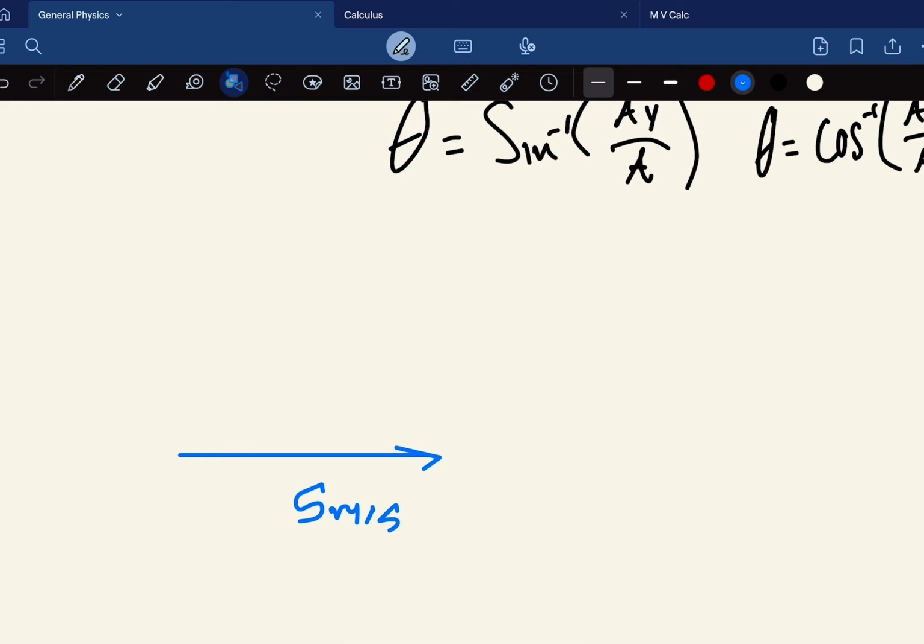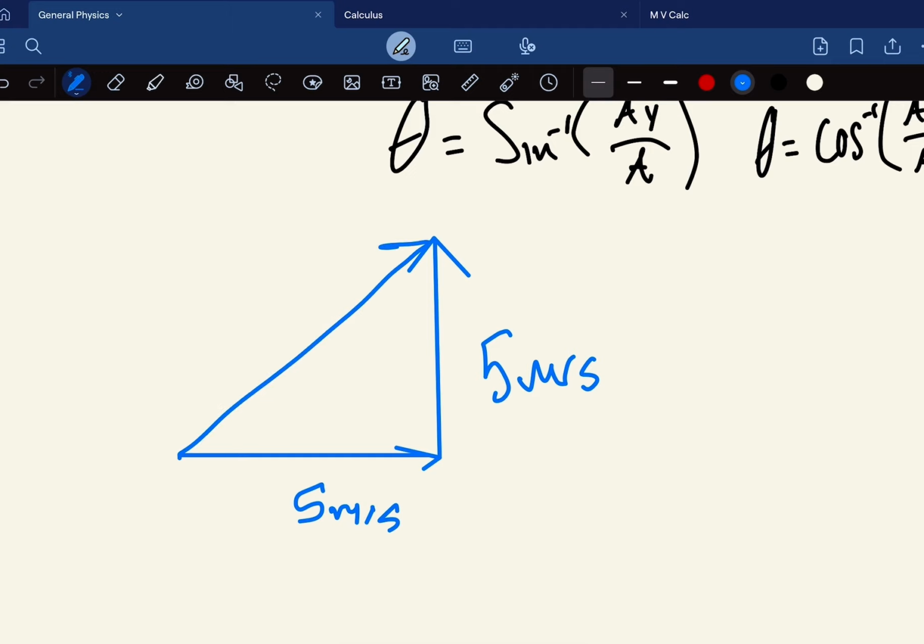And at the same time, it is also going 5 meters per second due north. So what would be the velocity vector without these individual vectors? What would be this vector right here, which is the sum of these vectors?